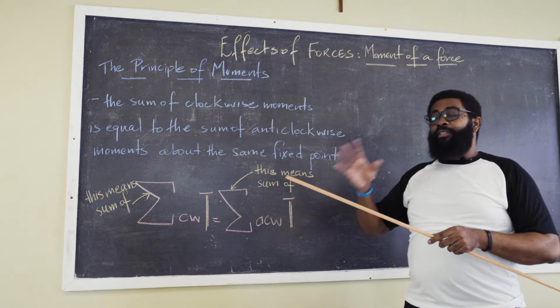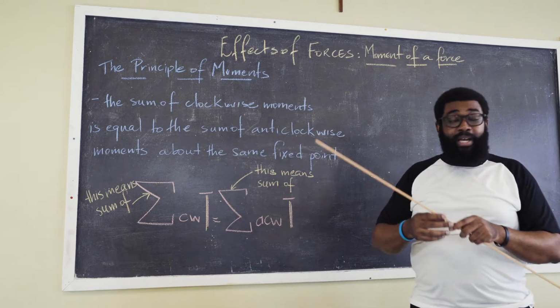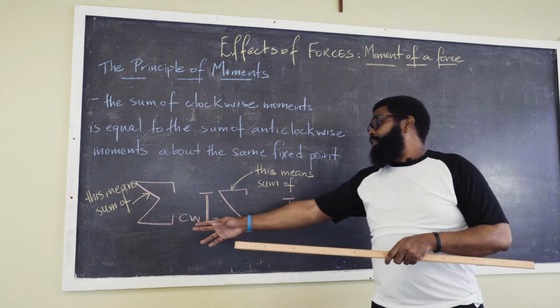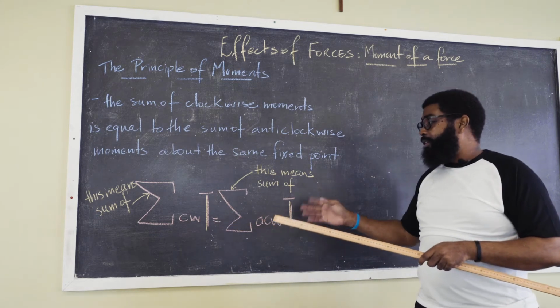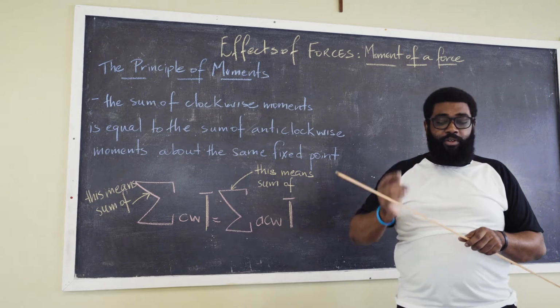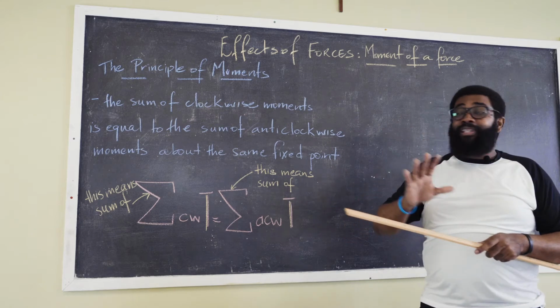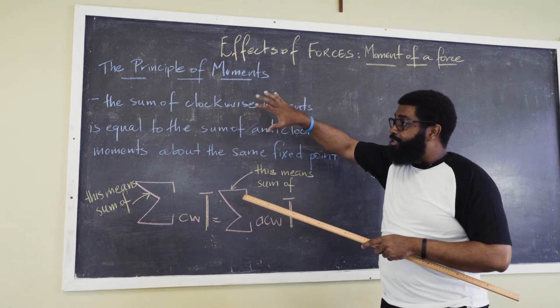Now, this is a formula, and this is how I write it. Sigma is using maths to indicate the sum of clockwise moments is equal to the sum of anti-clockwise moments, and I use T for moment, just like in our formula where I had T for moment of force. Please remember that this is for rotational equilibrium.